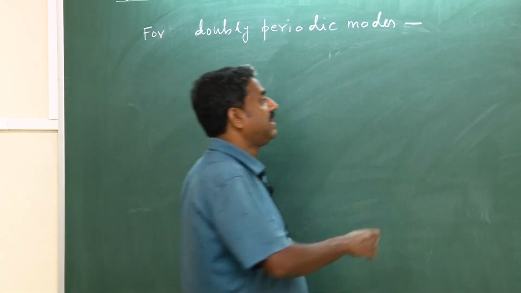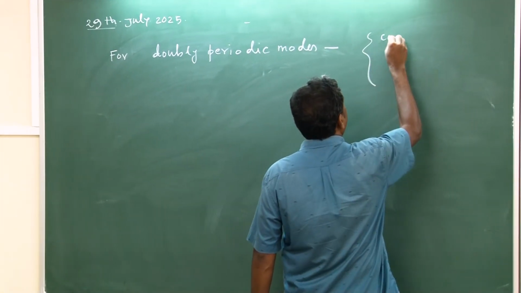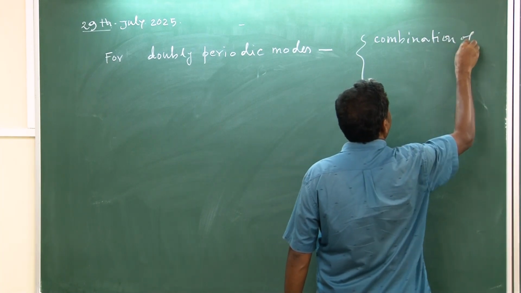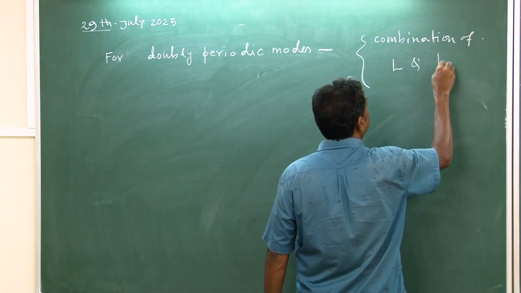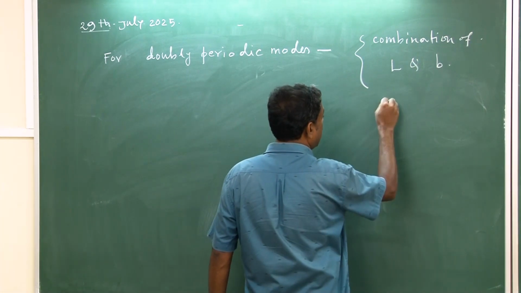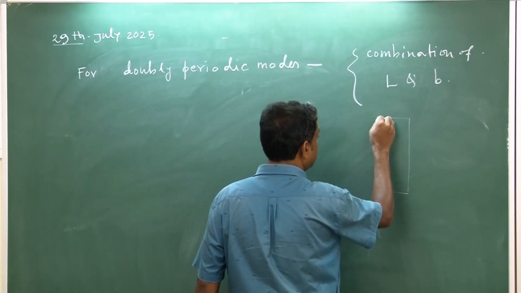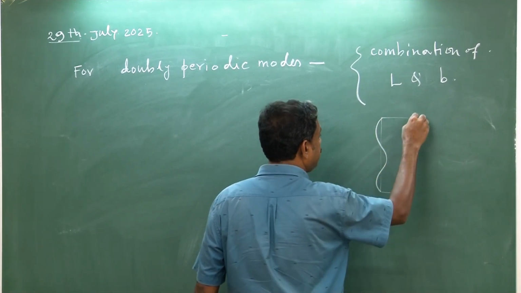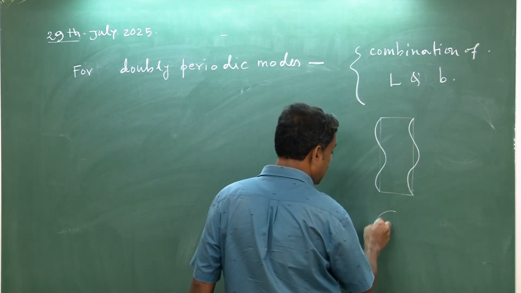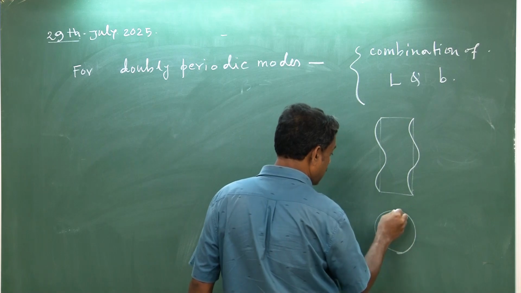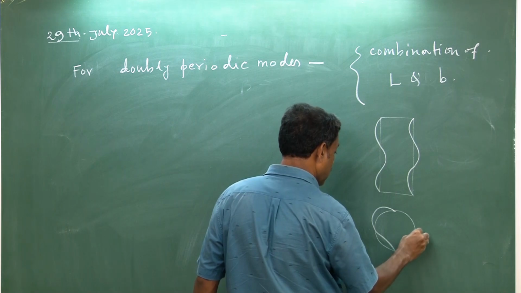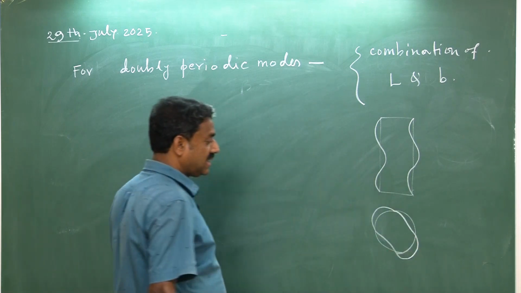That means it will have a combination of L as well as B, both. So wave numbers are there along this direction, but circumferentially also it is there, something like that, okay.